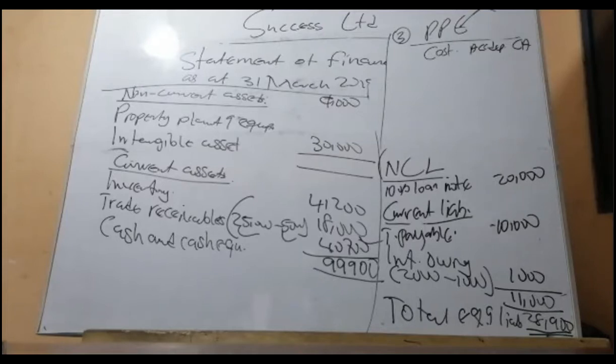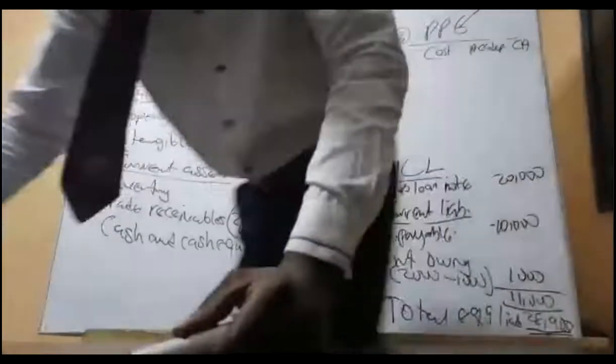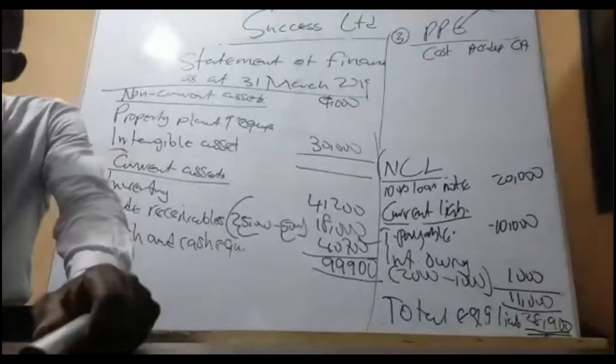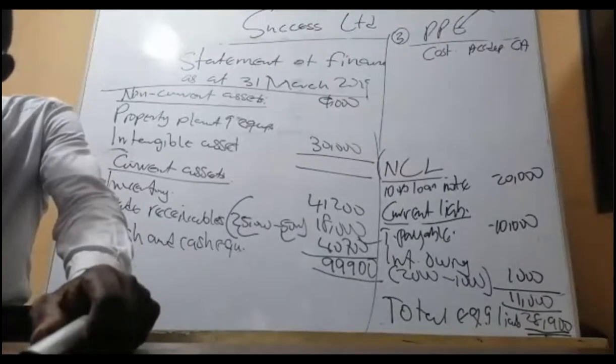Look at where motor vehicle was; I just placed it down there. Look at where I placed plant and equipment. So scan through, check from the first item to the very last item. Then you are done. So now let's go to the trial balance together.